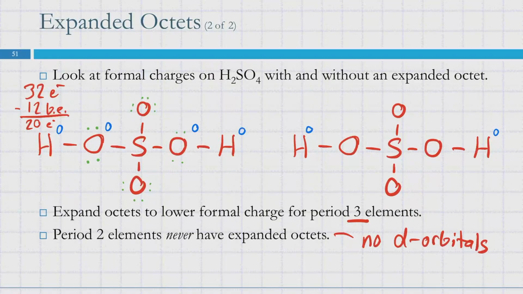Our oxygens up top have a -1. We've got the 6 that our oxygen wants from the lone pairs plus 1 more from the bond. So that's our extra. The bottom one is also going to have a -1 formal charge. The sulfur in the middle, being only in contact with the 4 bonds, gets 4 electrons. It wants 6, so it carries a +2 formal charge.